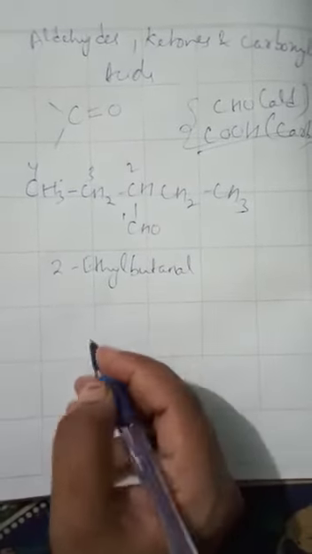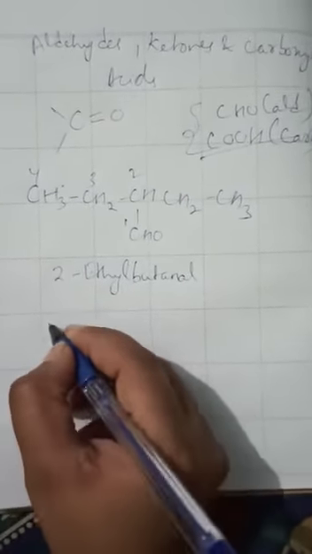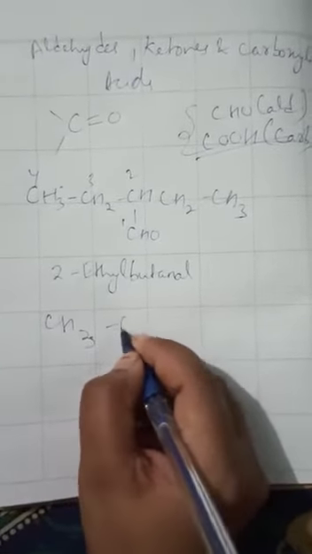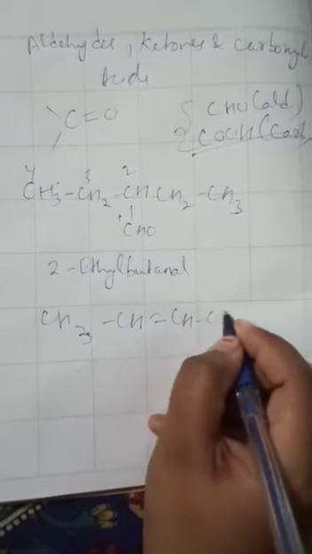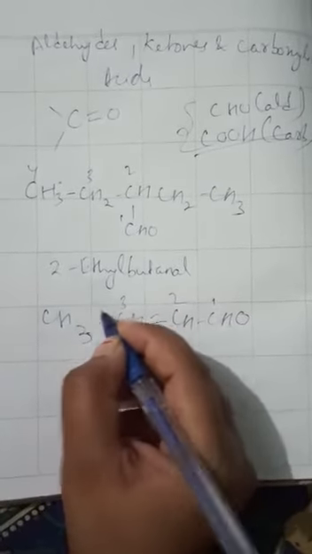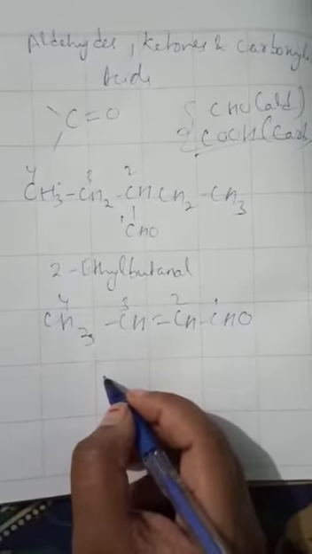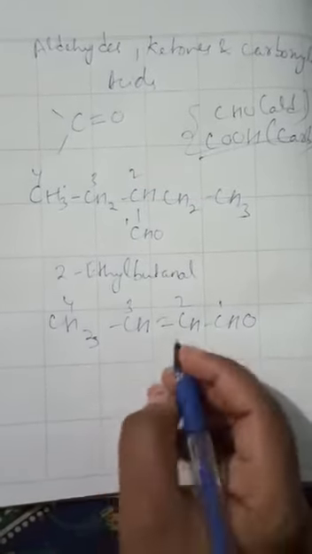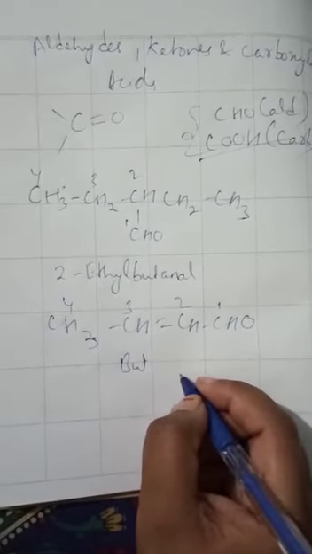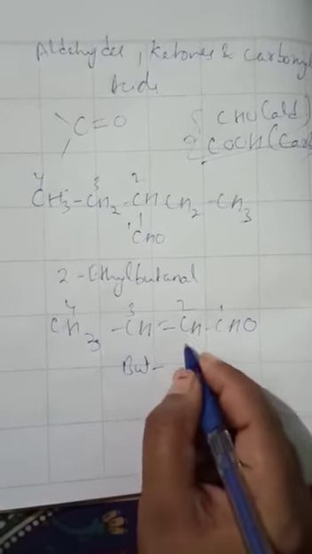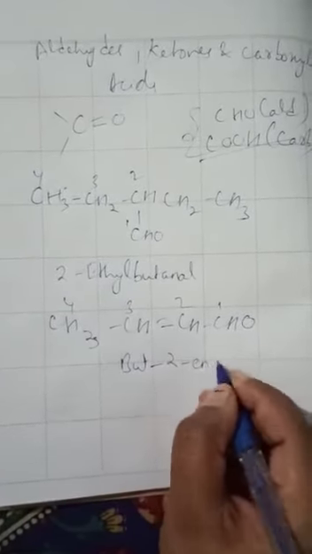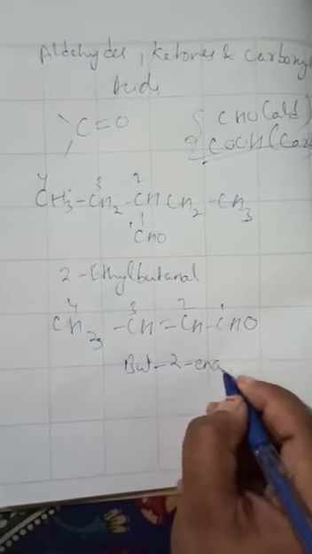Let's see a few more examples. In this case also we will start numbering from this side. It is a 4-carbon chain, so first of all we write but, and on the second position we have the double bond, so we write 2-ene. Since it is an aldehyde, it is but-2-enal.